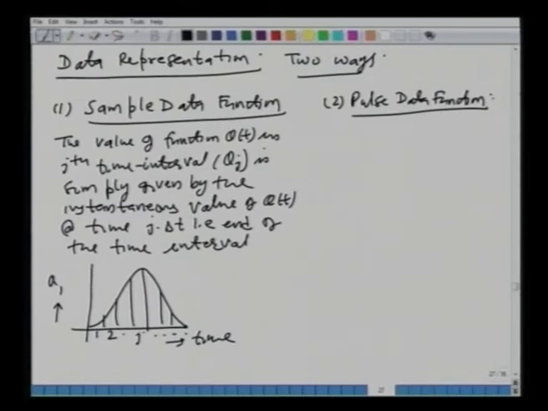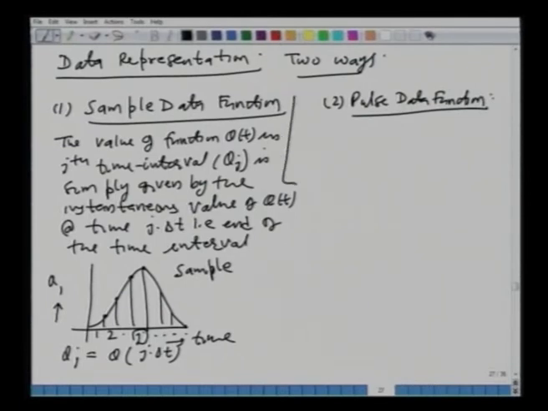So, during the jth interval, this one, what we are saying is that we take the value at the end of the time interval. Similarly, j minus 1 is this one is this, and so on. Okay. So, we say that q at j is nothing but the value of q at time j delta t. Okay. So, this is called the sample data representation. Okay. Let us look at the second one.